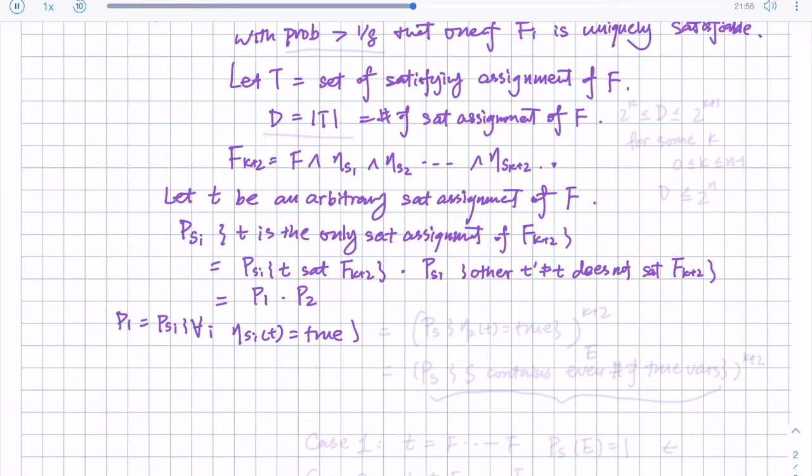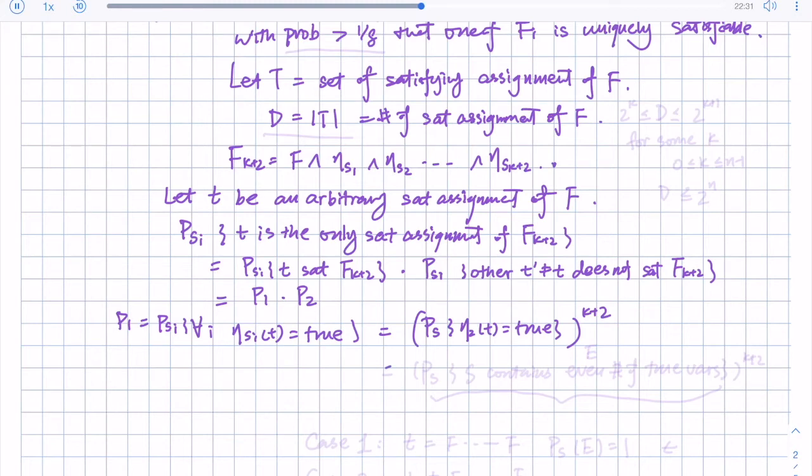So then this probability will become the probability that eta S of T equals true, to the k plus 2 power, because there are k plus 2 gadgets and each gadget is independent, so we can say that this is the one probability done k plus 2 times.